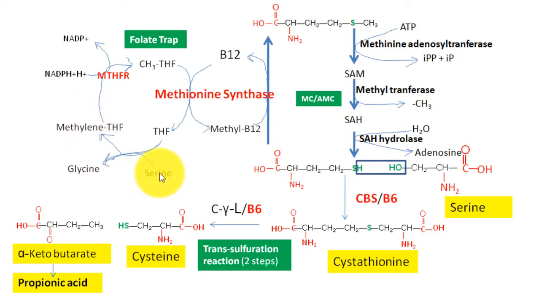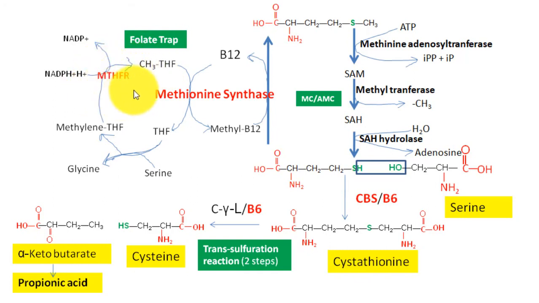So serine becomes the source of this methylene carbon, and from serine this methylene carbon will be added to tetrahydrofolate. But this has to be transferred as a methyl group. So methylene will be reduced to methyl by this enzyme.